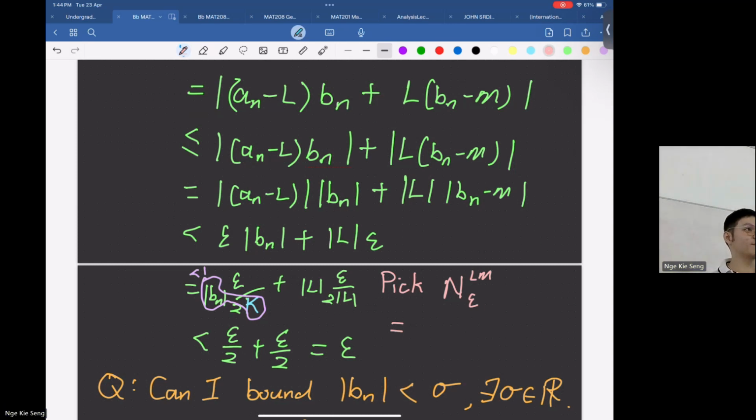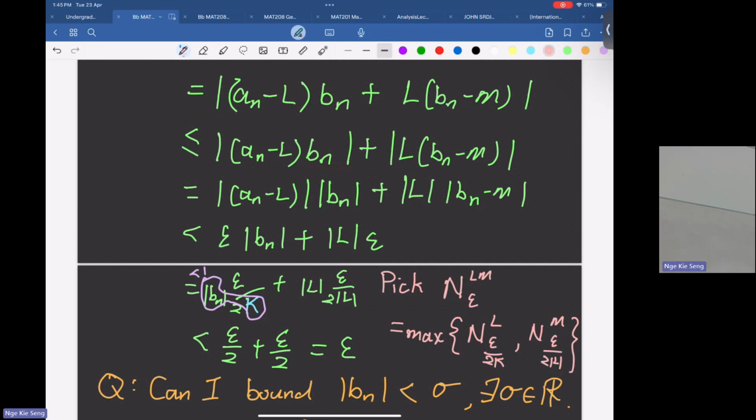Minimum? Maximum? Maximum of who? The maximum of N of convergence of An with epsilon over 2k, the k that we fixed just now, and N of convergence of Bn with epsilon over 2 absolute value of M. The k here comes from the bound of Bn by the proof just now.